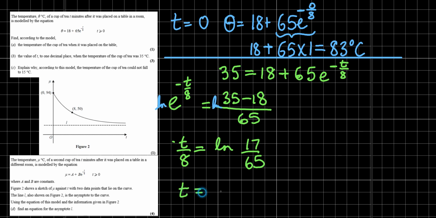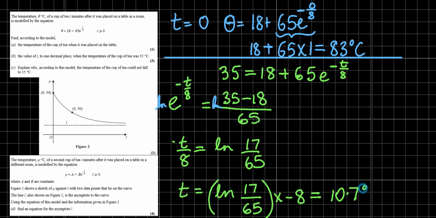Now t is going to be ln of 17 over 65 times minus 8, and that would give us roughly 10.7 degrees. So that's the answer for part B.